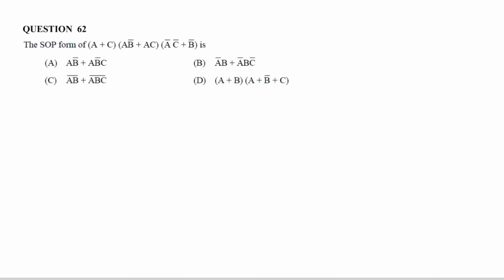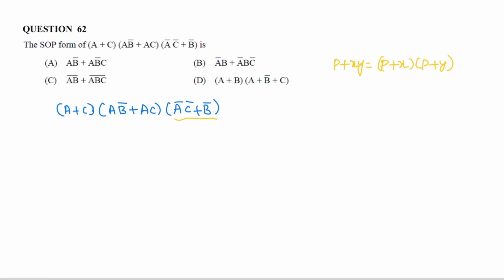Next question. SOP of given expression is, so sum of products form of given expression. Given expression is (a + c)(a b' + a' c')(a' + b'). So this is the given expression. This can be written using p + xy = (p + x)(p + y), that is (a + c).